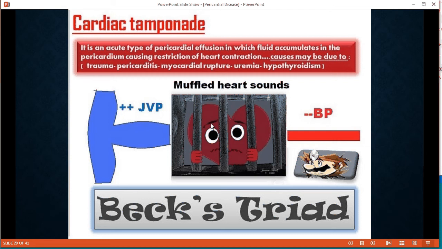You can actually do pericardiocentesis if you're trained to do it. If you're not trained to do it, then obviously you can't, and you're stuck with supportive management, whether it's fluids or whatever the case may be. We'll talk about that.